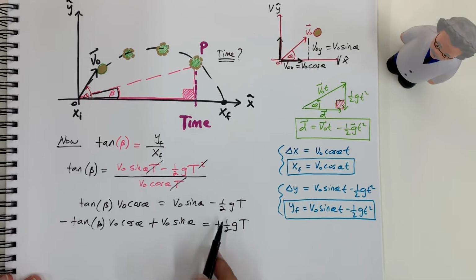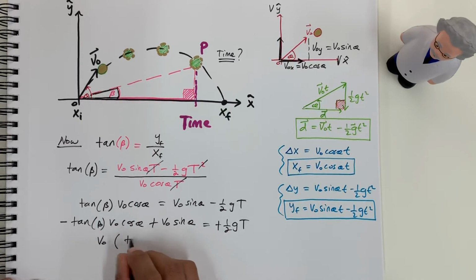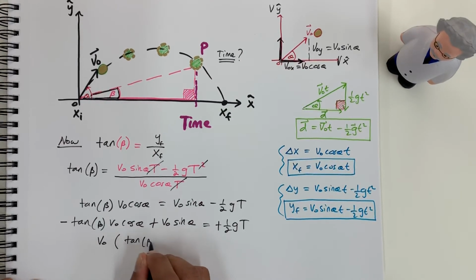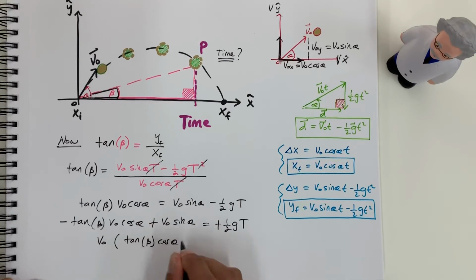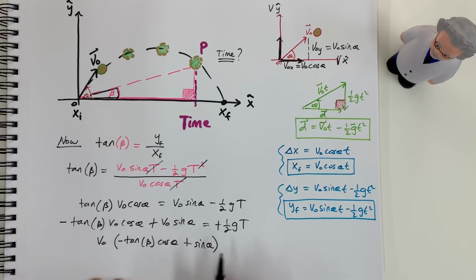Okay, so I just multiplied both sides by negative. And now let's take out the v initial here from both of the terms. We got tangent of beta cosine theta left from this term, and that's a minus. All right, plus we got sine theta left there.